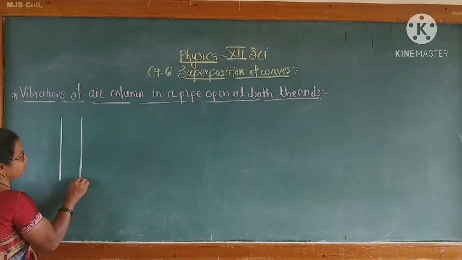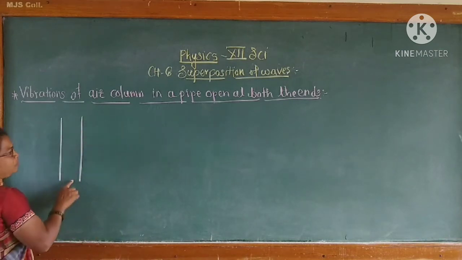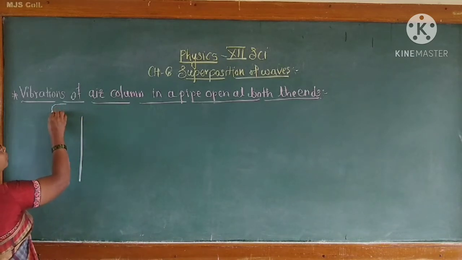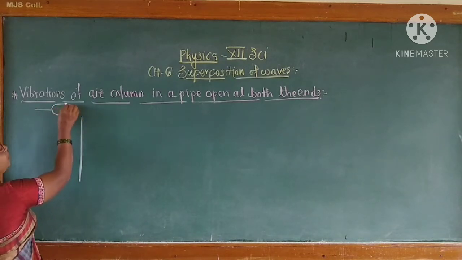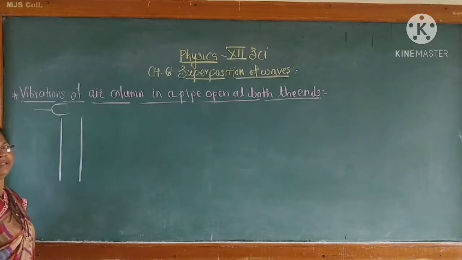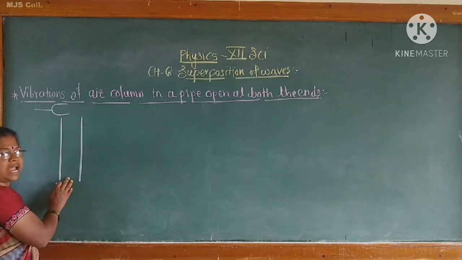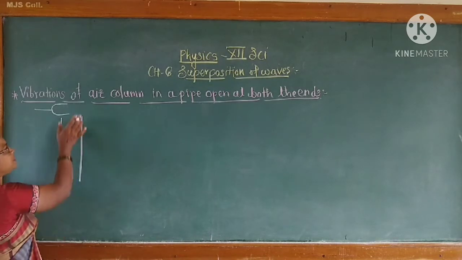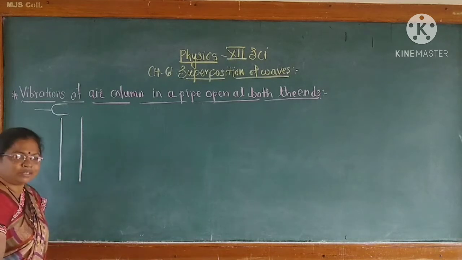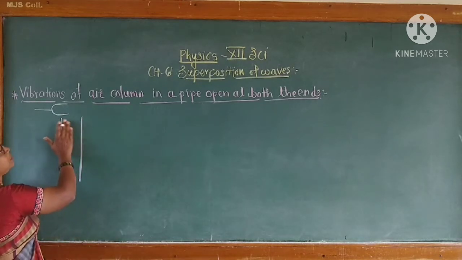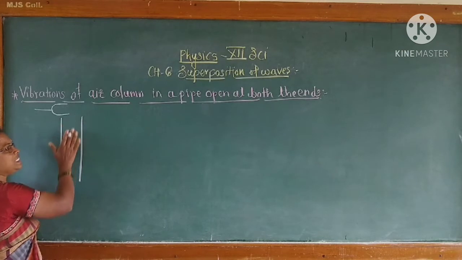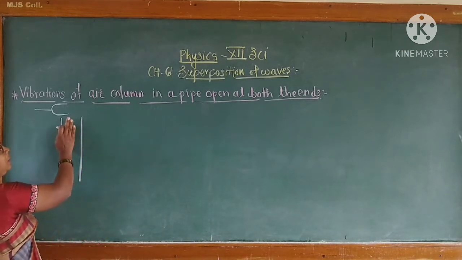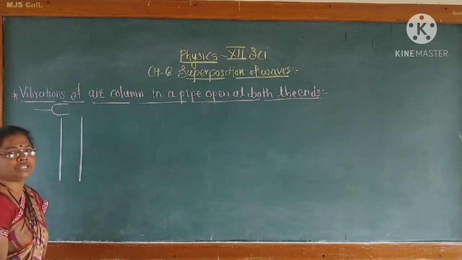Since this is the pipe which is open at both ends, if you keep here a tuning fork with a vibrating frequency, then what happens? The waves travel inside the pipe. Although there is no closed boundary, there are still the walls of the tube, which act as a denser medium, so there is reflection and the formation of a stationary wave.